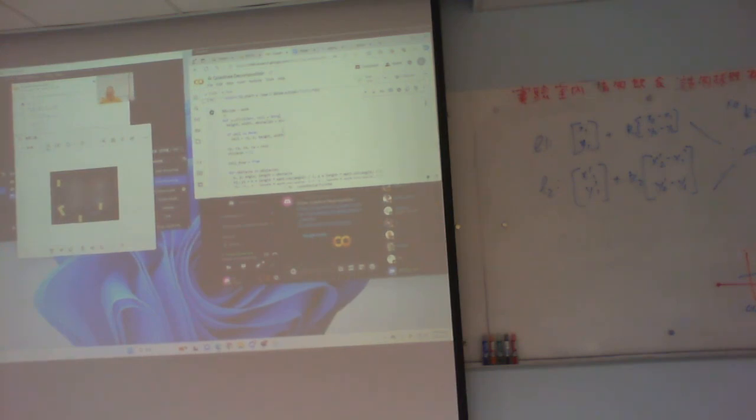Cell limit is 10 centimeters, let's say.